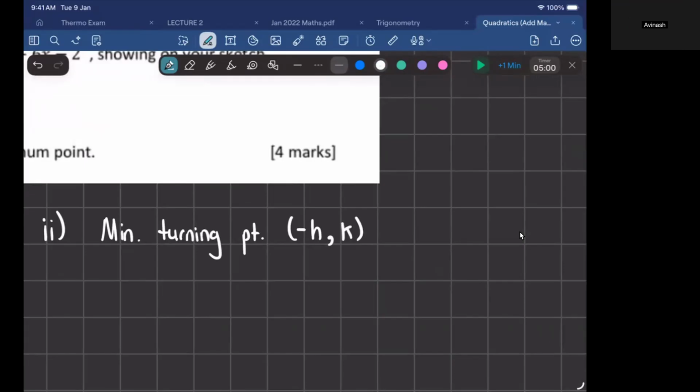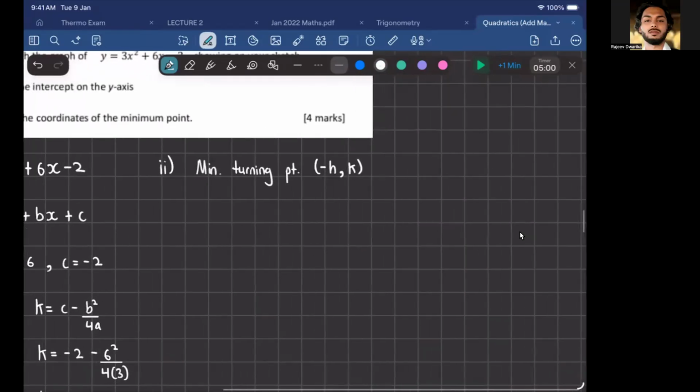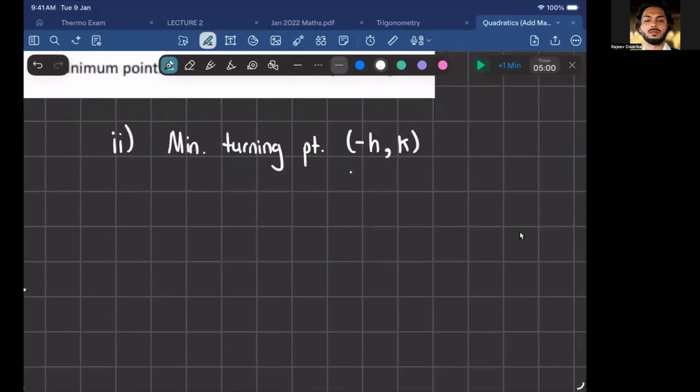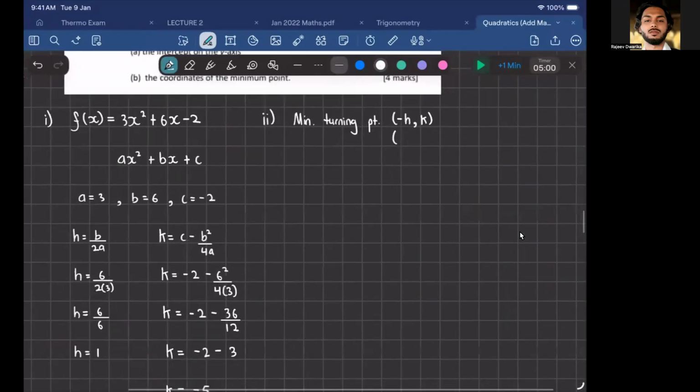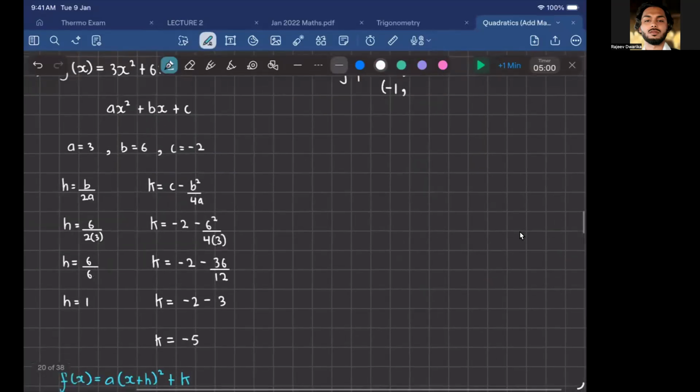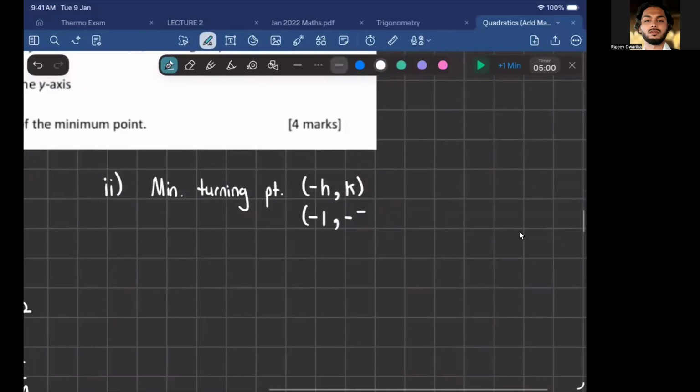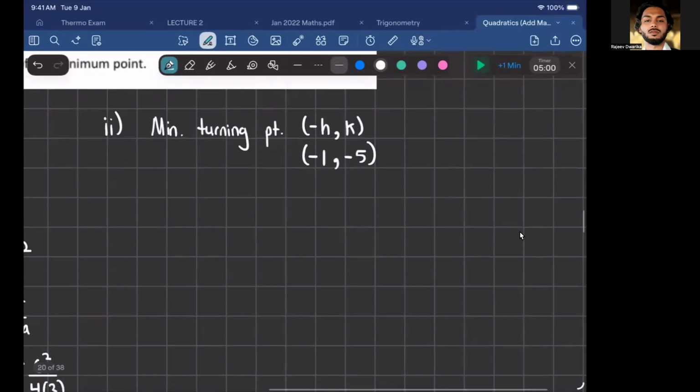So I was right about the negative part. So the lowest point our graph is going to go down to would be negative h. H is 1, so that's going to be negative 1, comma k. Now k is negative 5. So our graph is going to go down to (-1, -5).